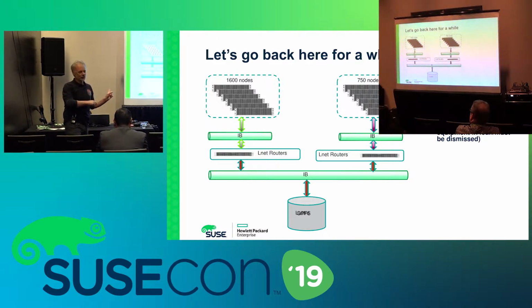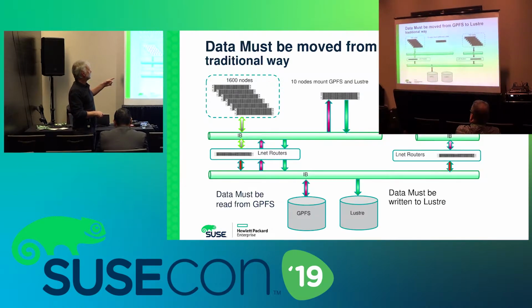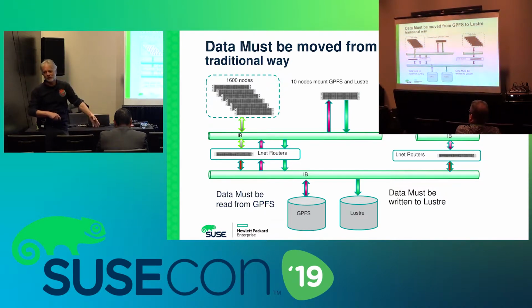The system was in production. So, one copy only. So we carve out 10 nodes, mounted on GPFS, move the data from GPFS to these nodes and back to Luster. Easy, right? Pretty easy.